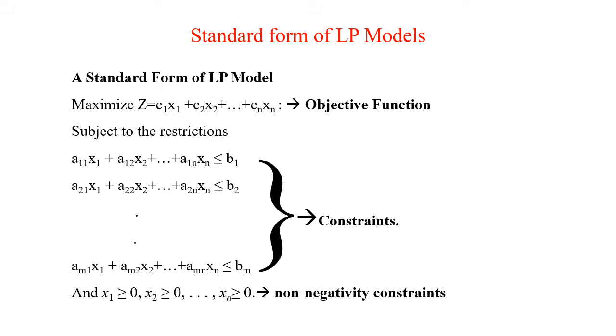The restrictions or constraints are the limited resources that we are going to use to achieve the objectives. And the last one is the non-negativity constraints, or all the decision variables should be greater than or equal to 0.